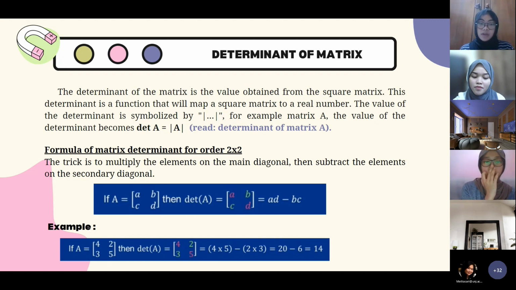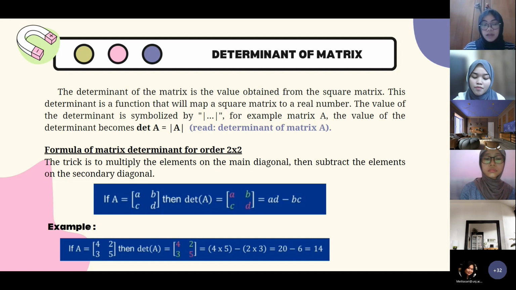Formula of matrix determinant for order 2 by 2. The trick is to multiply the elements on the main diagonal, then subtract the product of the elements on the secondary diagonal. See the picture following for easier understanding.